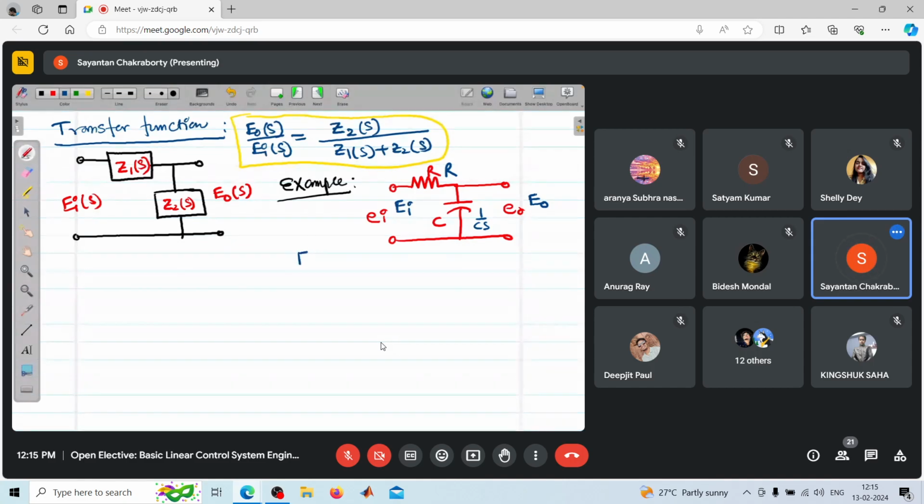So what will be E0 by Ei? Without writing down the differential equation or the Laplace transform of KVL, that is Z2 by Z1 plus Z2. Z1 equal to R and Z2 equal to 1 by Cs. It will be 1 by Cs divided by R plus 1 by Cs. So multiply by Cs, 1 by RCs plus 1.